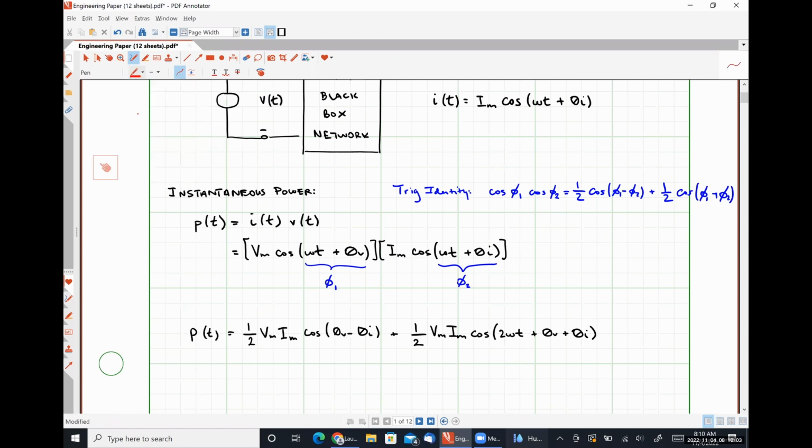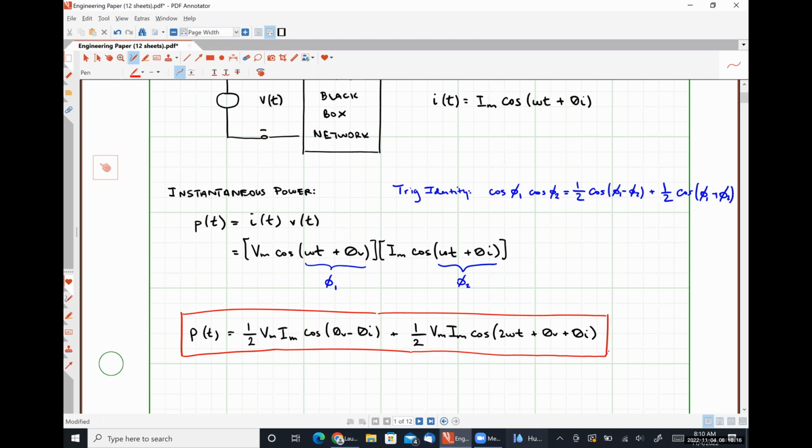So this is the generic form of the instantaneous power absorbed by any linear thing, okay?